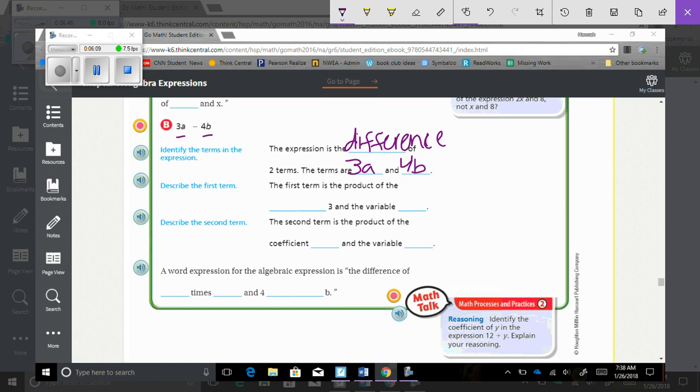The first term is the product of the coefficient 3, because it's attached to the variable, and the variable a. The second term is the product of the coefficient 4, and the variable b. The word expression for the algebraic expression is the difference of 3 times a and 4 times b.